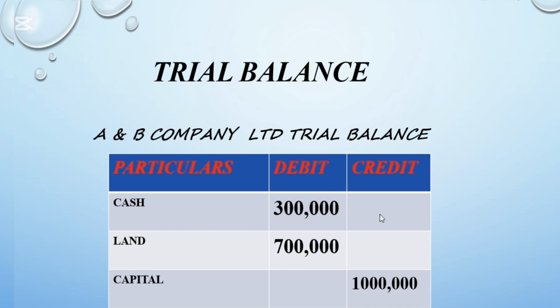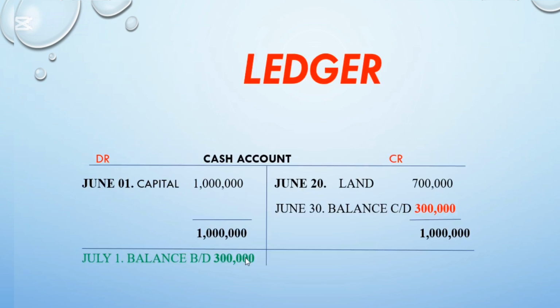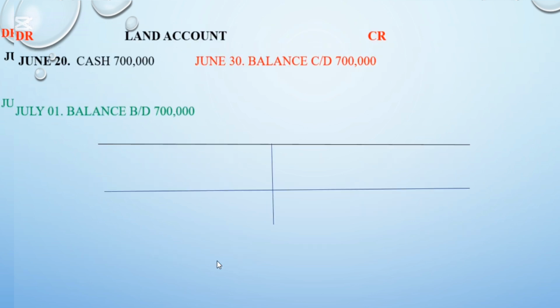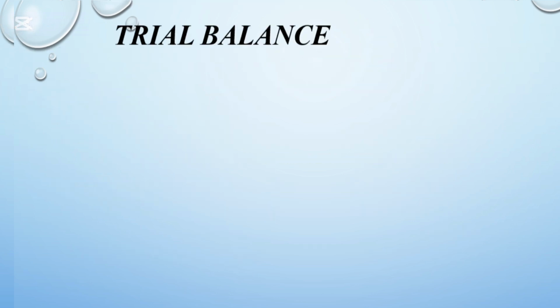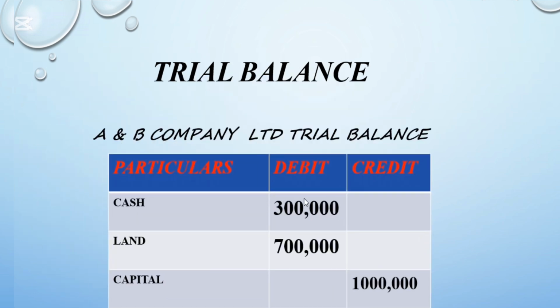If balance brought down is found in the credit side, you need to record that amount in the credit side. That is the rule. So cash has balance brought down equivalent to 300,000, but in the debit side, you can see. That's why in the trial balance we need to record the same amount in the debit side.